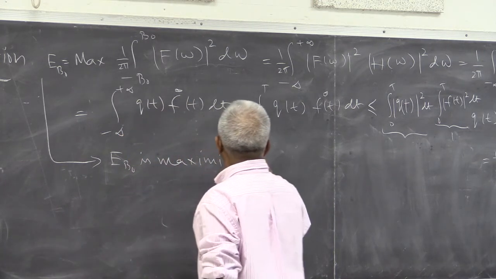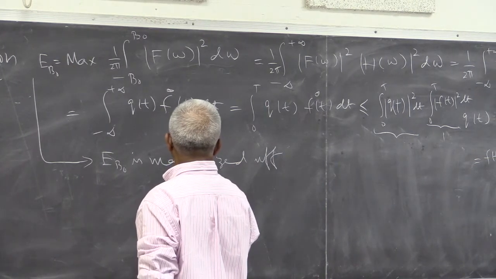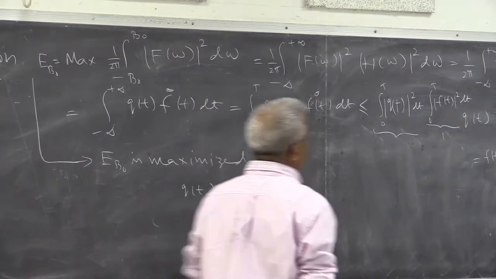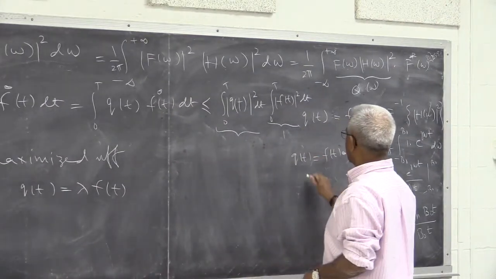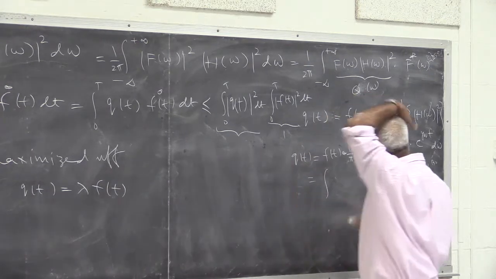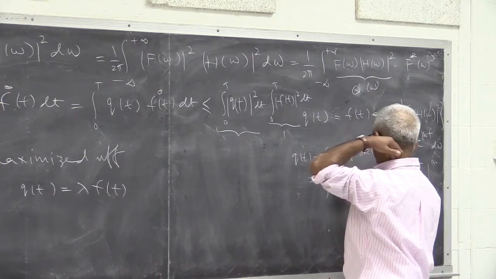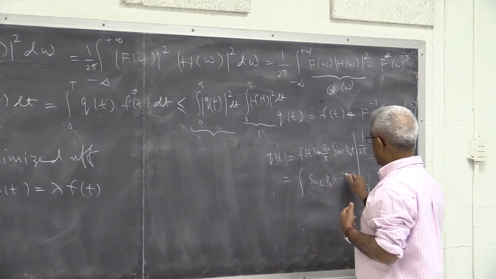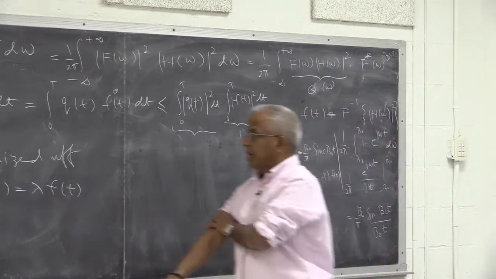if and only if Qt is proportional to lambda ft. But Qt is the convolution of here. Qt is here. So Qt is going to be the convolution of ft, and so that's going to be sinc b naught t minus tau multiplied by f tau. Tau goes from 0 to t.